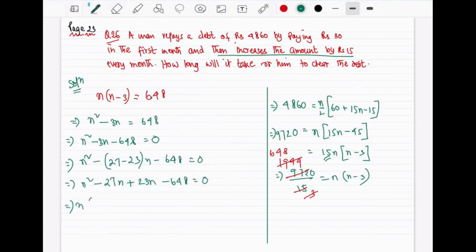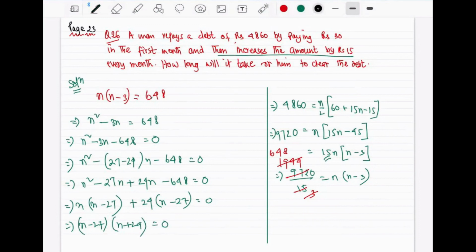I don't think I need to explain the middle term splitting and then taking the common factor. We have done this so many times, right? I'm sorry, this is supposed to be 24. Now take out the common factor. We have got n minus 27, n plus 24.